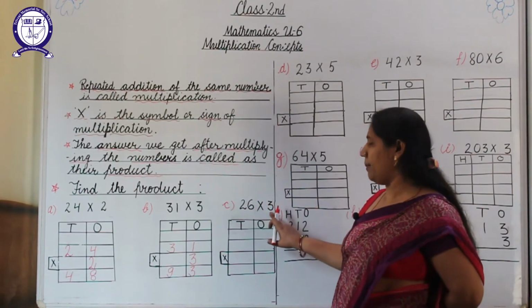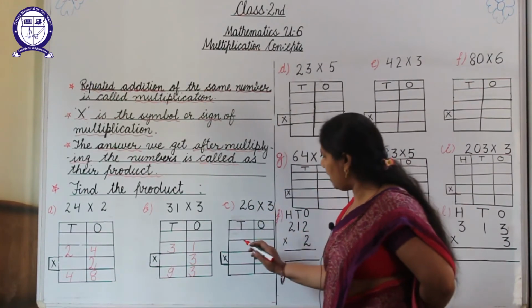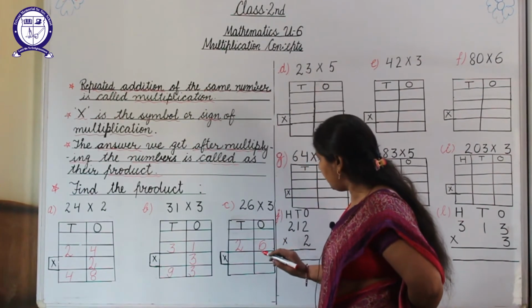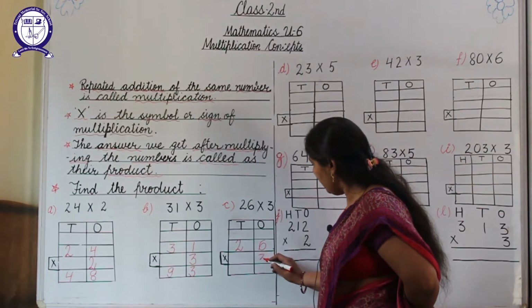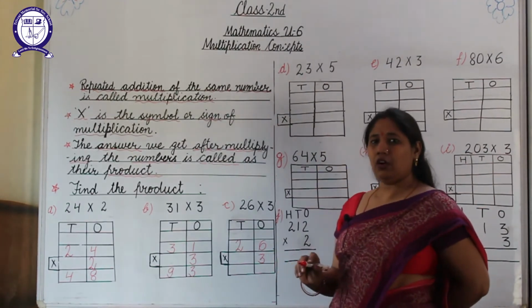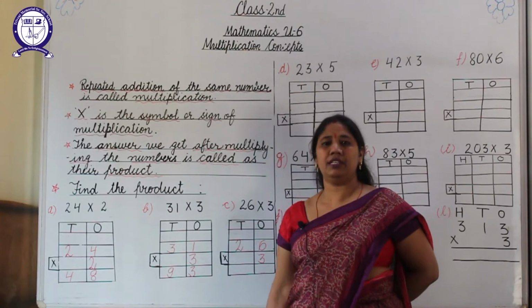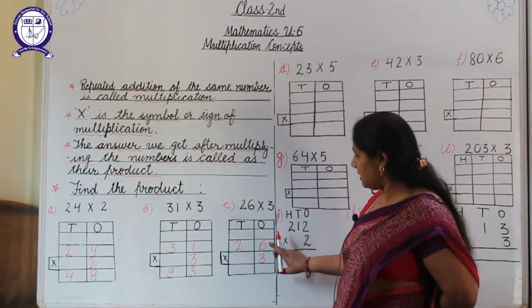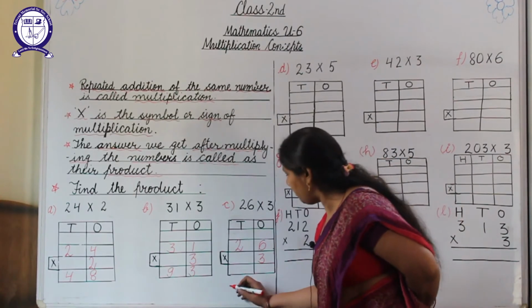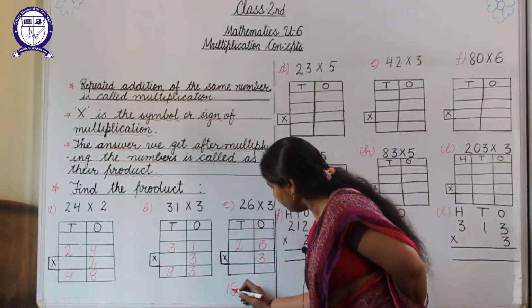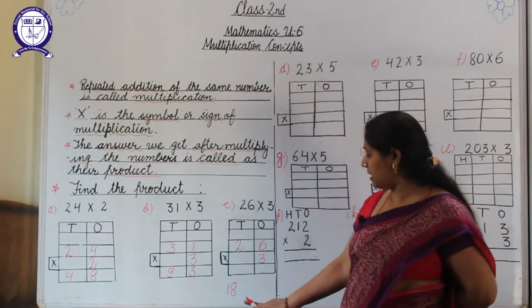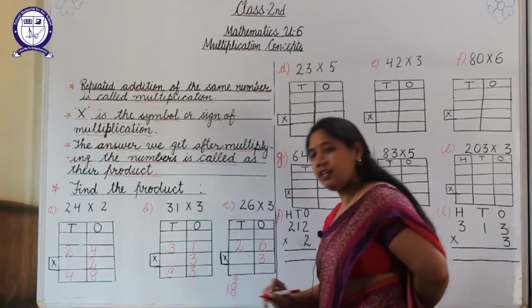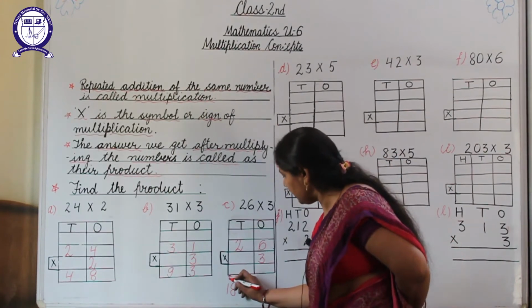Come to the next. 26 multiply by 3. So firstly we have to arrange in column, 2 tens, 6 ones. Multiply by 3. Okay, firstly we have to multiply by the ones digit. Our ones digit is 6. 3 sixes are 18. That is a 2 digit number. So 8 is on ones place and 1 is on tens place.